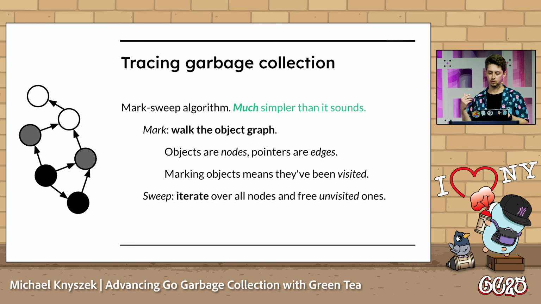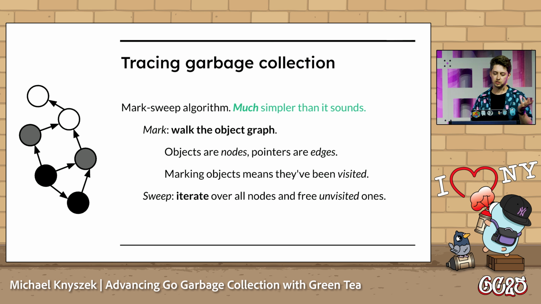Marking consists of walking the object graph from well-defined source edges called roots. Think global variables, local variables, that sort of thing. Then we mark everything we find along the way as visited in order to avoid going in circles. This is your typical graph flood algorithm that you might remember from a computer science course, a depth-first search or a breadth-first search, something along those lines.